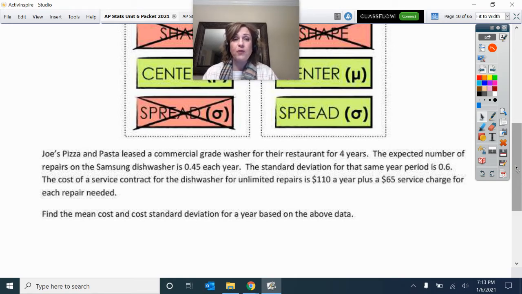That is a lot cheaper than the alternative option they have. So find the mean cost and the standard deviation of cost, transforming from number of repairs to cost. Take a look at that and see what you think that would be.